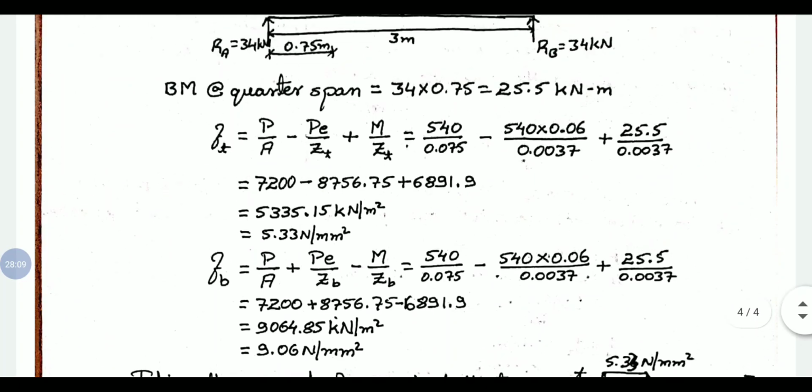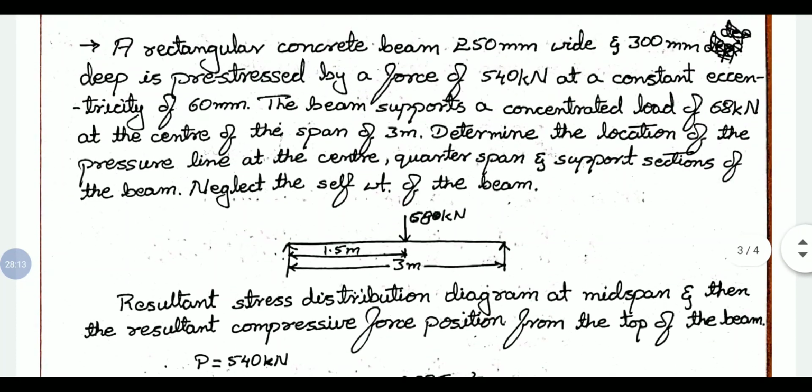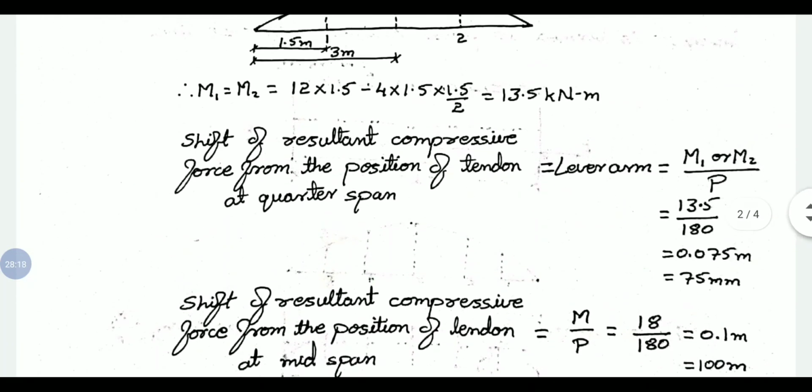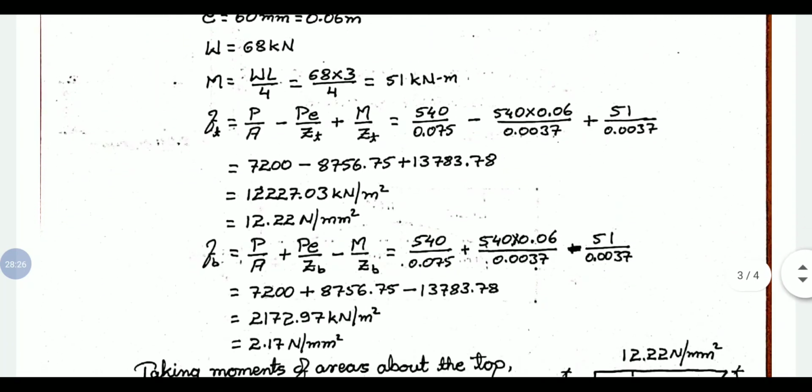So in these two methods, one is directly considering the moment as in the first problem, and calculating the lever arm by using the M by P formula, or the second method, calculating the fiber stresses, based on the marks.